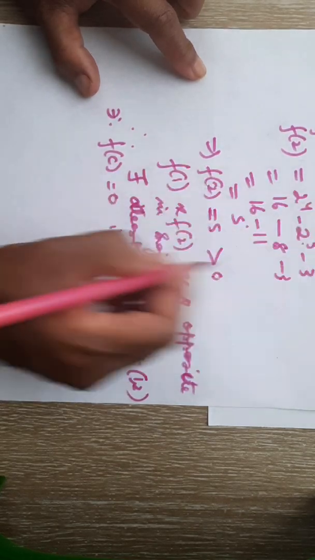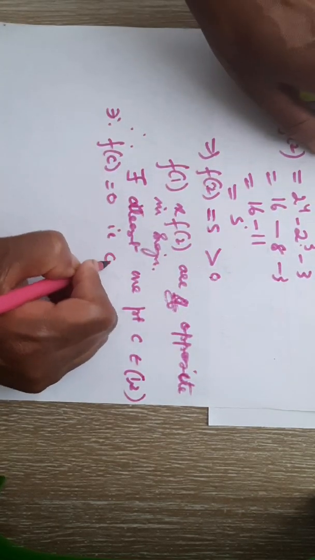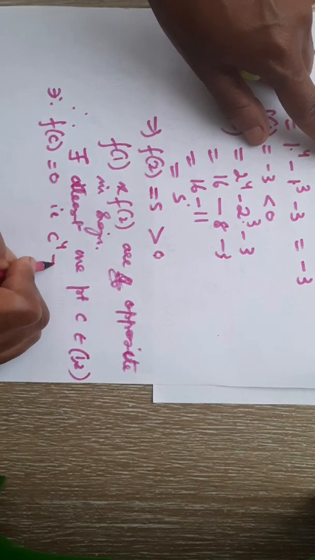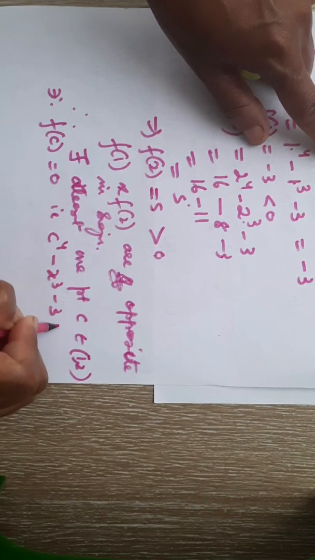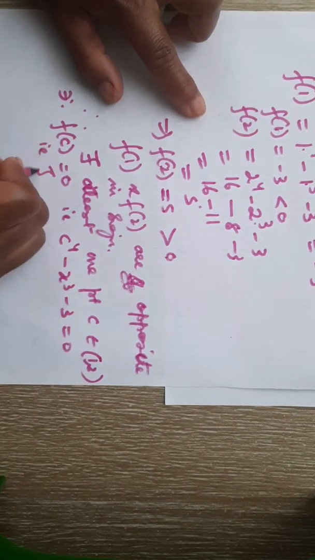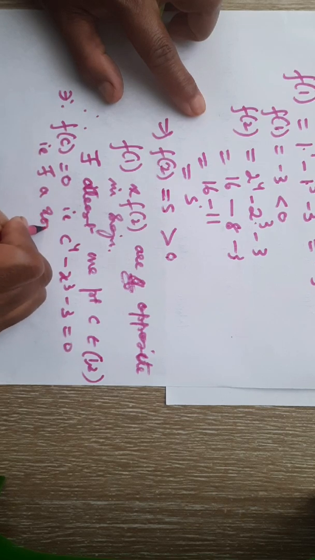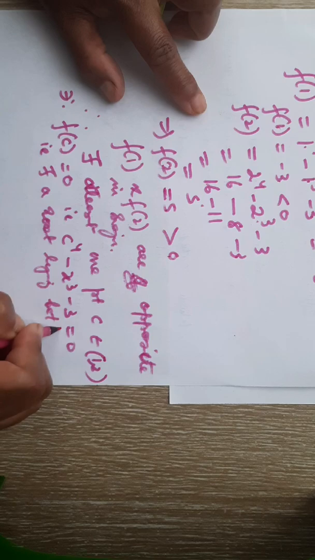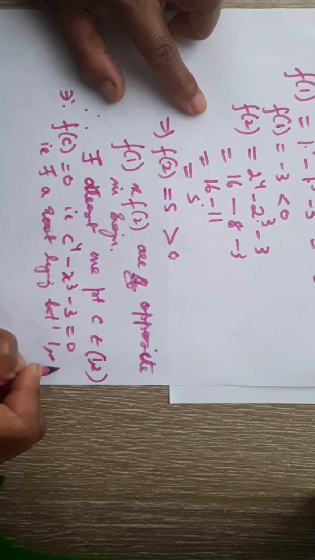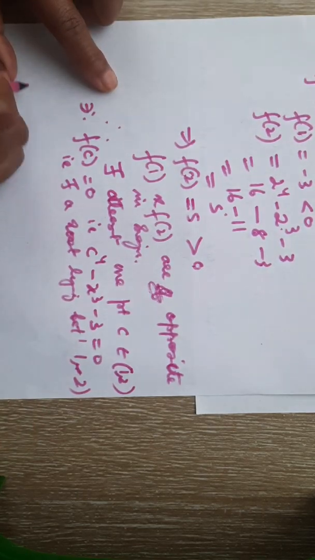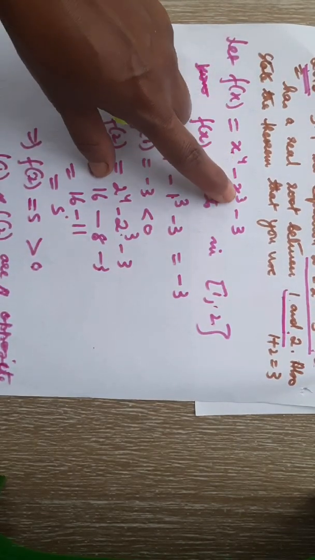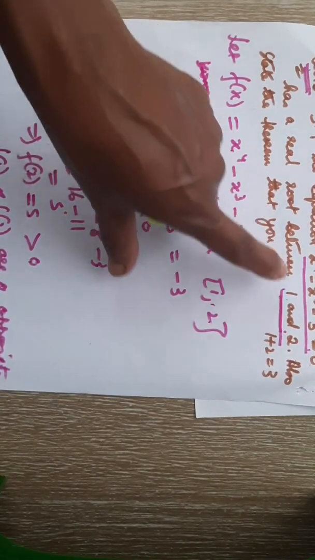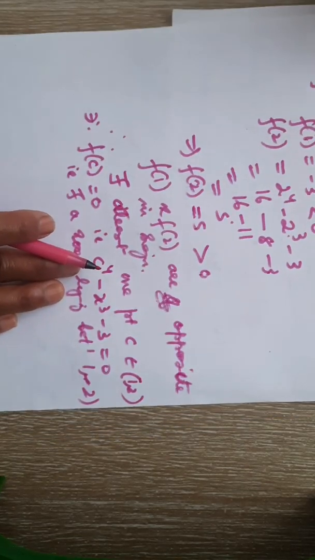That is, c^4 - c^3 - 3 = 0. That is, there exists a root lying between 1 and 2. So that means the given equation f(x) = x^4 - x^3 - 3 will have a root lying between 1 and 2 by applying the intermediate value theorem.